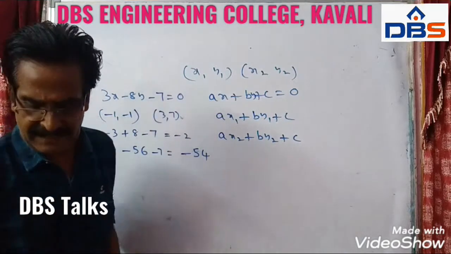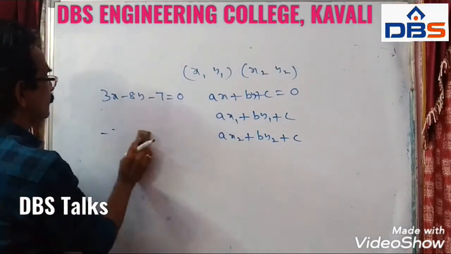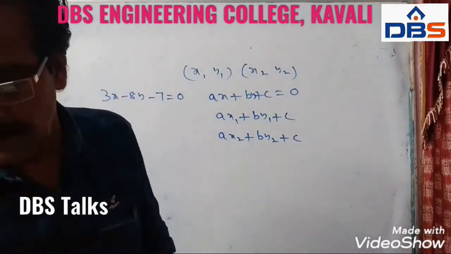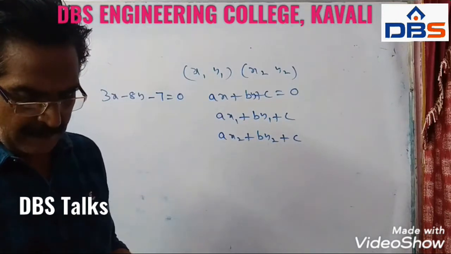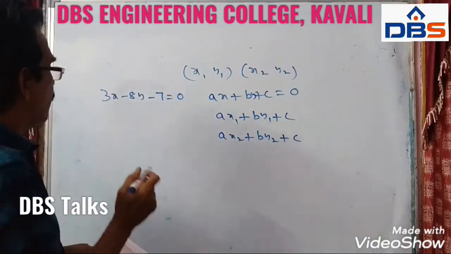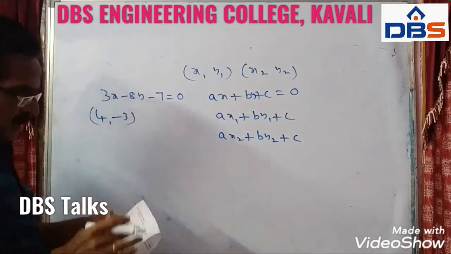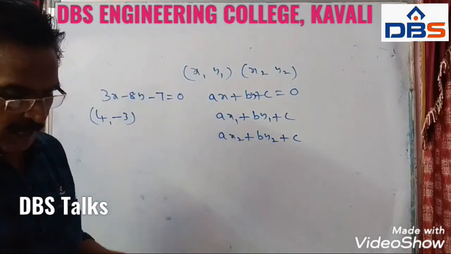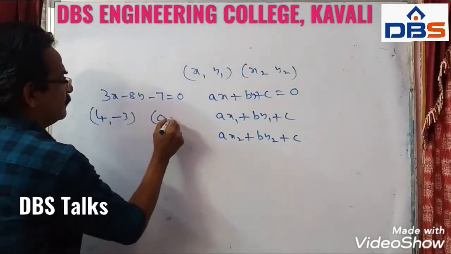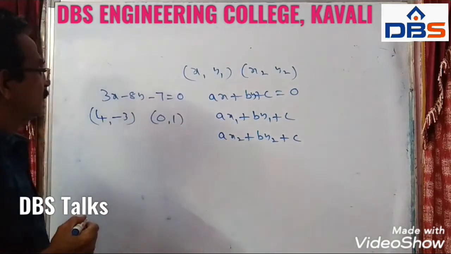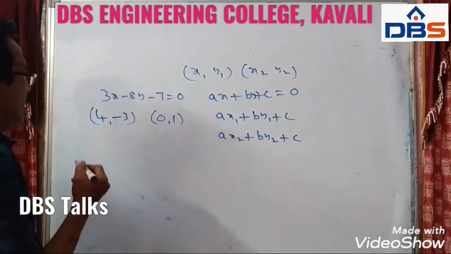Okay friends, let us take one more point. The line equation is same, friends, and the points are 4 comma minus 3, and 0 comma 1. Line is this, points are these.